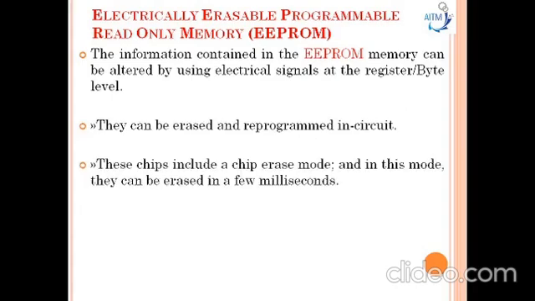These chips include a chip erase mode, in which they can be erased in a few milliseconds. This is the advantage over EPROM. EPROM takes 20 to 30 minutes to erase, but the EEPROM takes a few milliseconds.